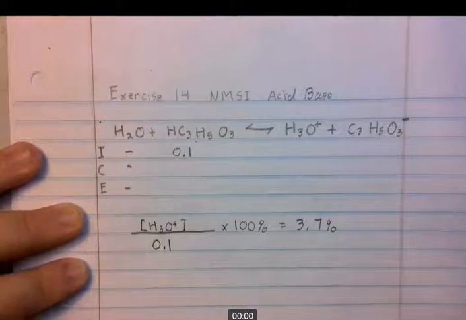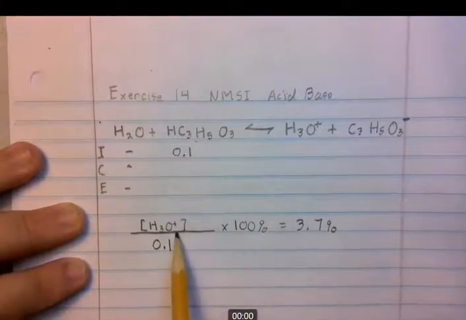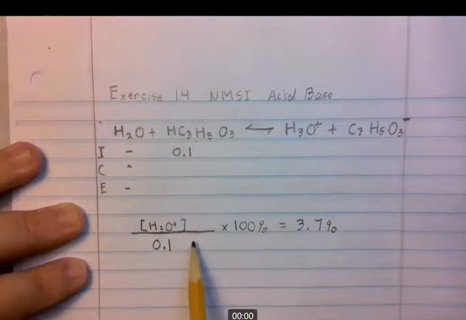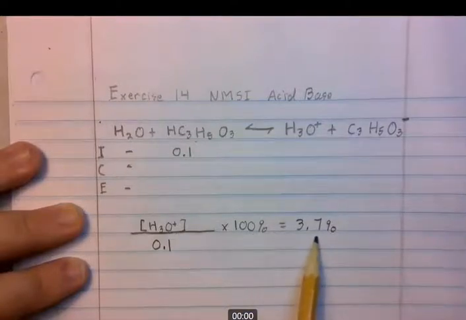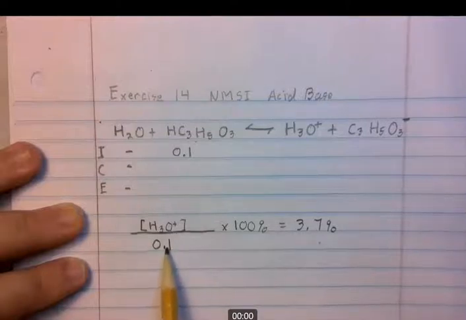Okay, so what we're going to do then is try to get this by itself, and I'll do two steps in one, so I don't want to lose you here. I'm going to divide both sides by 100, so we'll end up with 100 on the bottom over here, and I'm going to multiply both sides by 0.1.